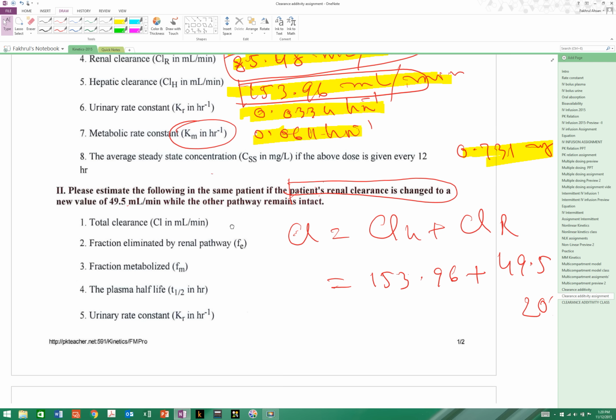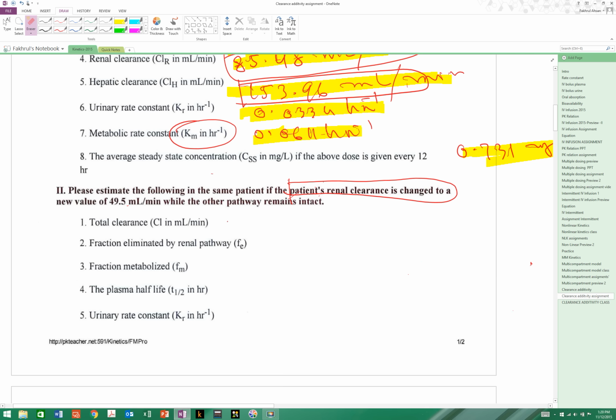Here, so your total clearance is going to be 203.47 milliliter per minute.